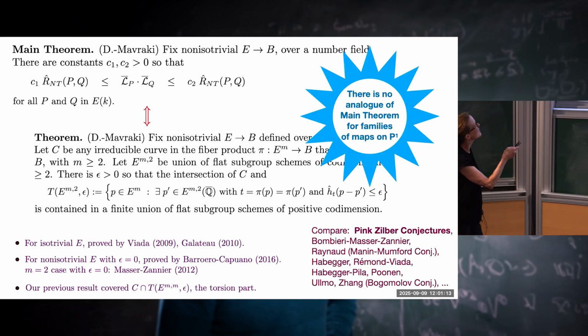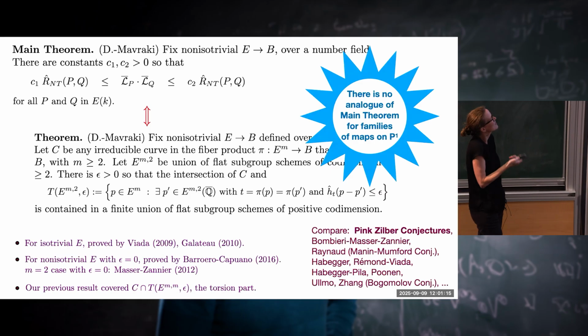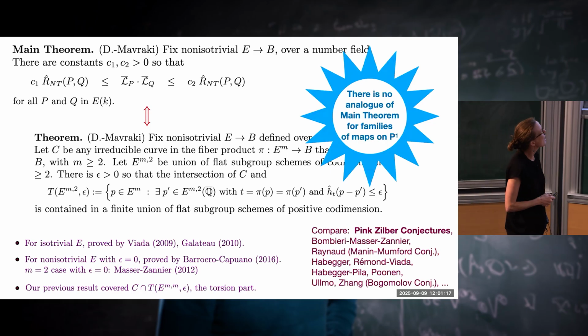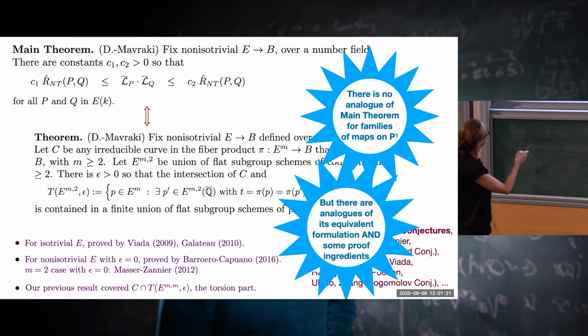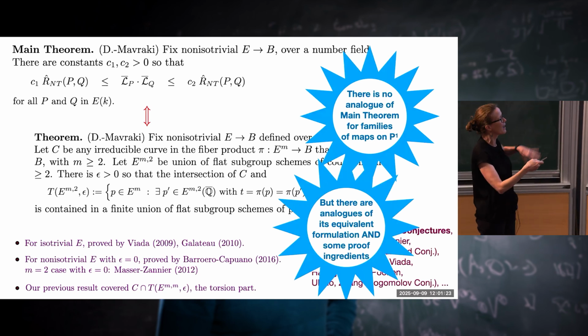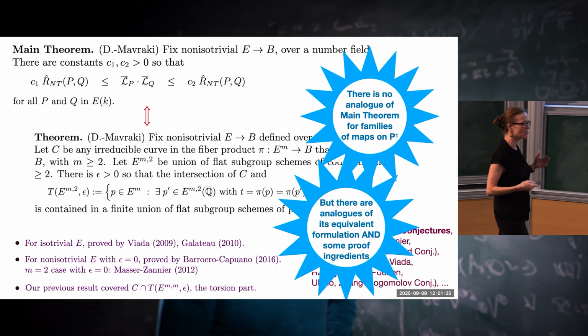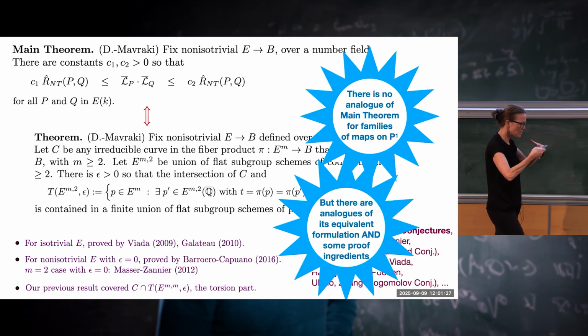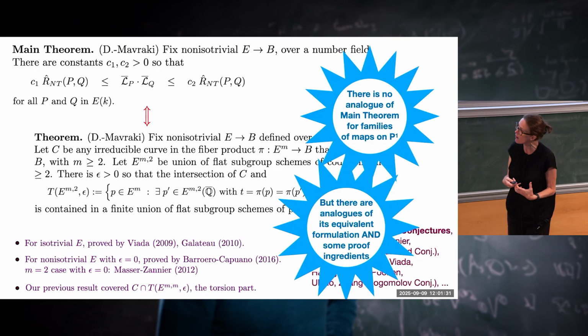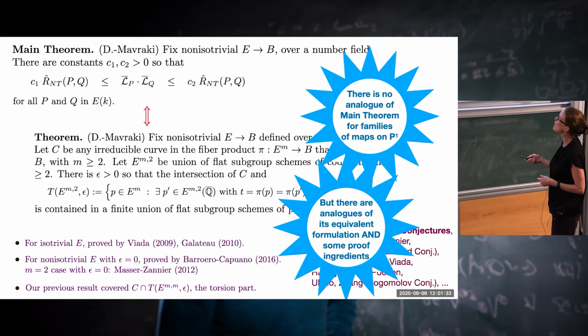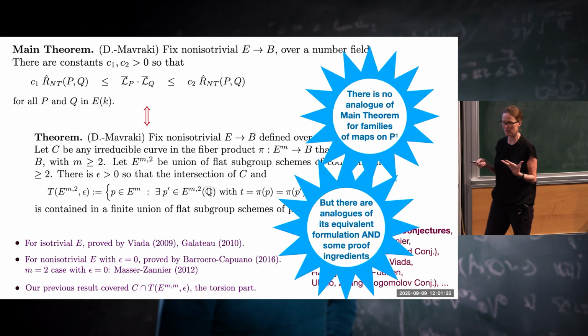So this statement just doesn't have an analog. Okay? However, of course, if you formulate it in terms of that informal version I gave you earlier, about having extra relations on particular fibers, that does have analogs.